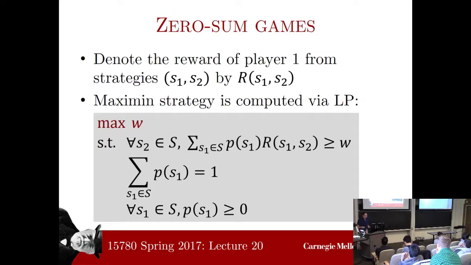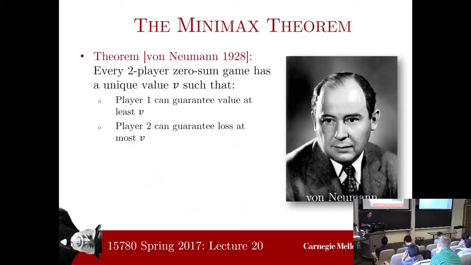Okay, so here's a beautiful theorem about zero-sum games. These were actually explored and understood well before general sum games. Nash's theorem is 1950. This is a 1928 theorem by von Neumann, which says that every 2-player zero-sum game has a unique value V, which is the value that can be guaranteed.